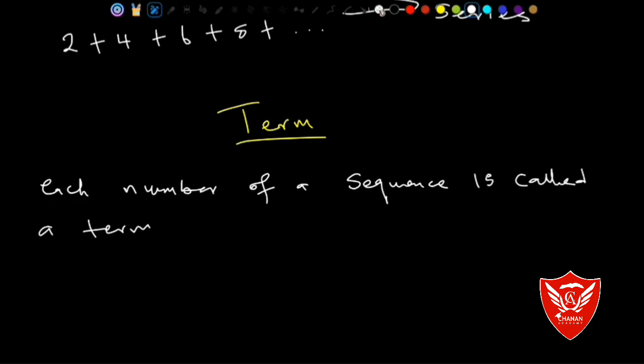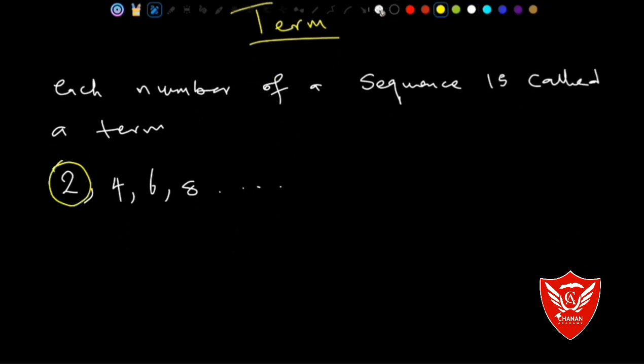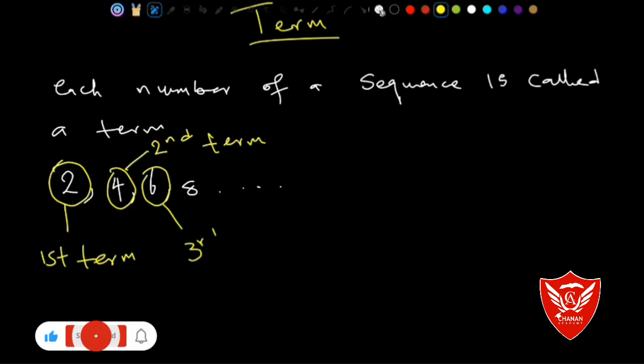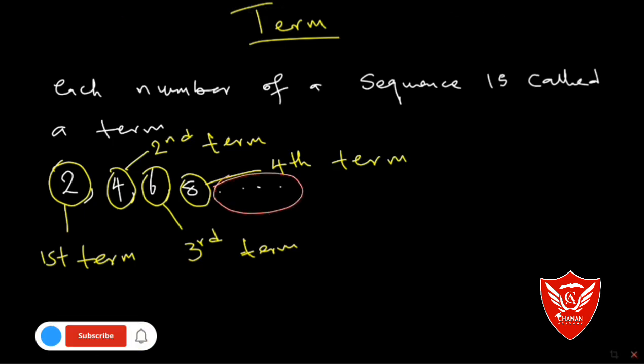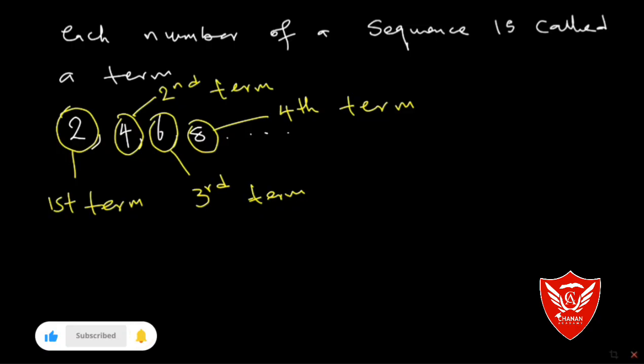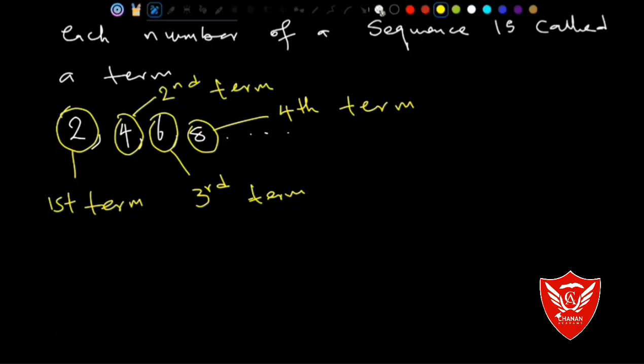So if we have, like the previous example, 2, 4, 6, 8, 2 is called the first term, while 4 is called the second term, 6 is the third term, then 8 is the fourth term. This sequence keeps going, so there's a possibility that there's an end term that we do not know about. The end term is going to be called the nth term.